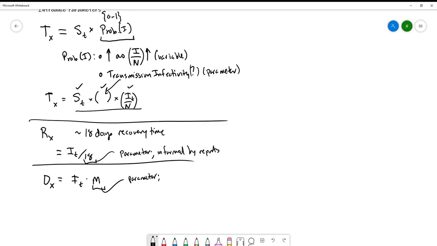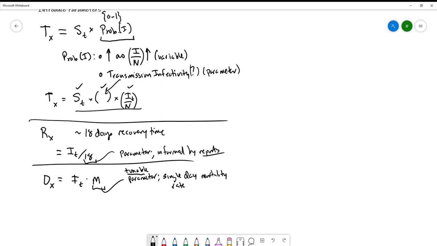So the parameter that is the single day mortality rate may be something that we will use as a tunable parameter so that the simulation matches reality as best as we can.